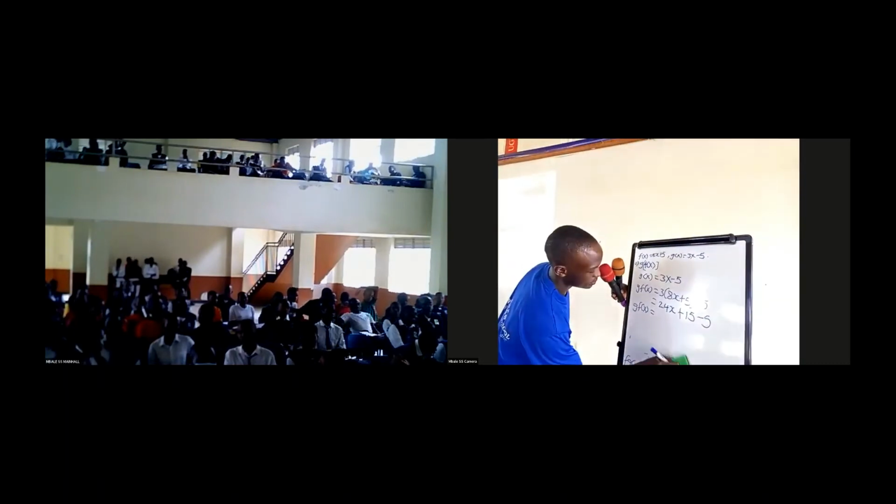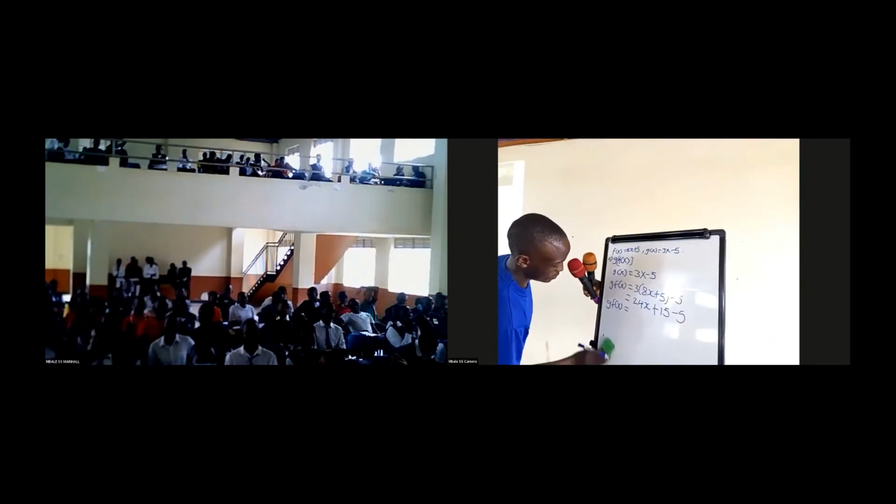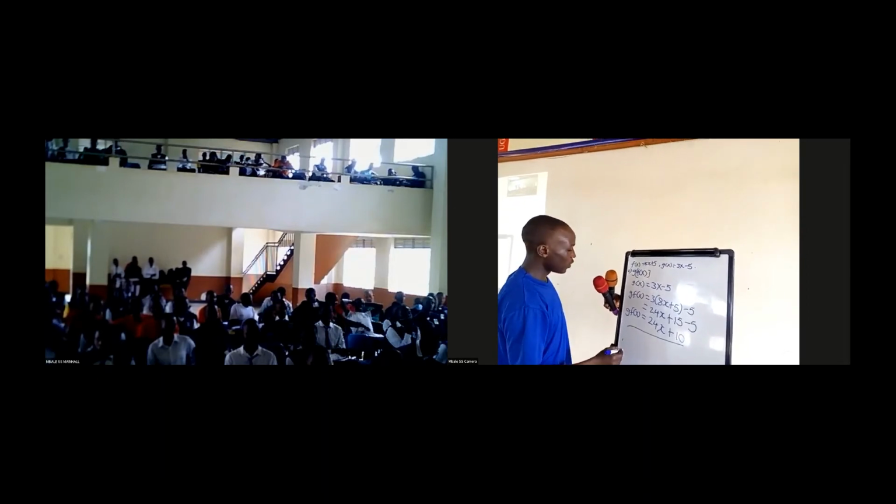If I collect like terms, I'm going to have 24x plus 10. So this is my GF of X.